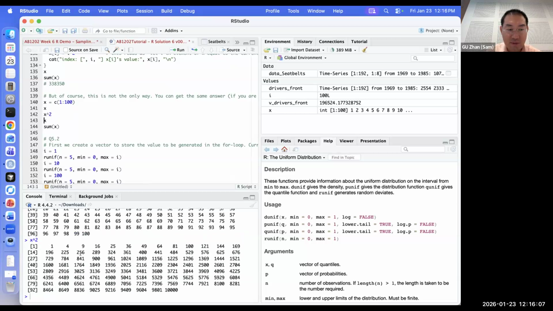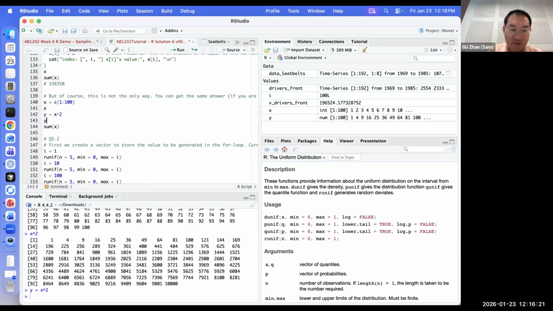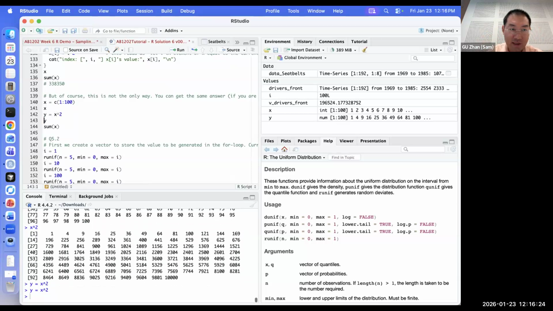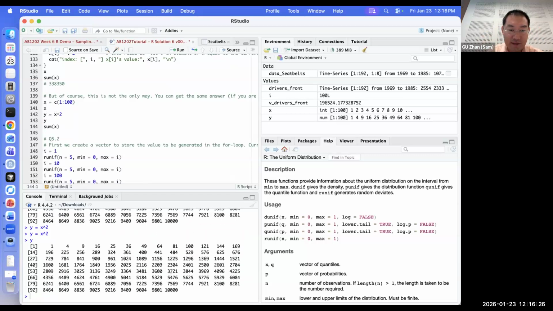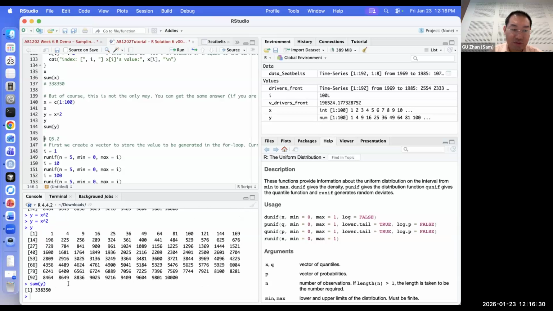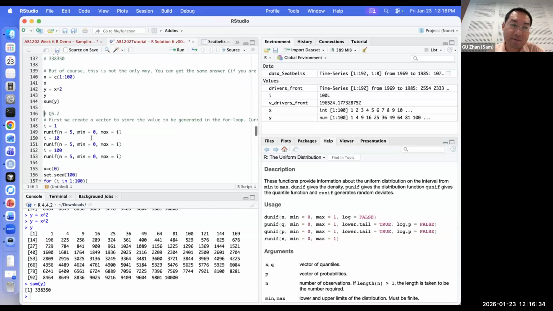Each element from this list will be raised to the power of 2. Then if you sum them together, we say y equals this. So y is this long list, then you take the sum of y, and you get 338350 as well. So there are a few ways to implement it.